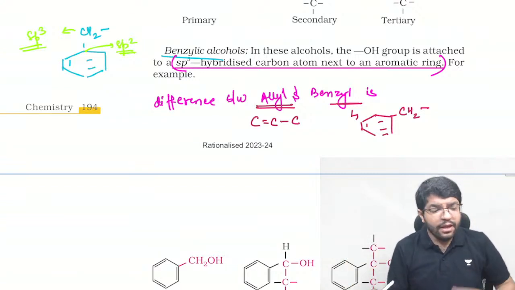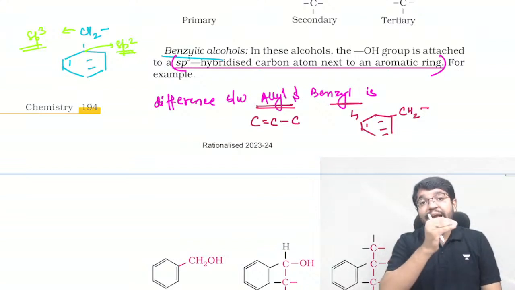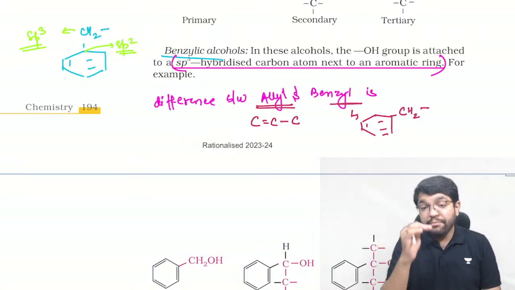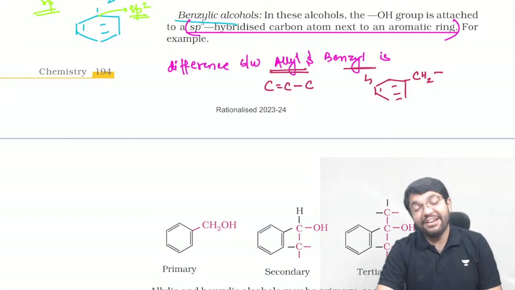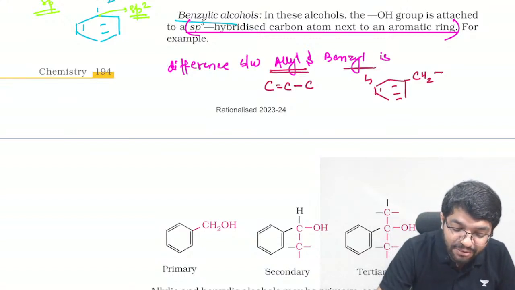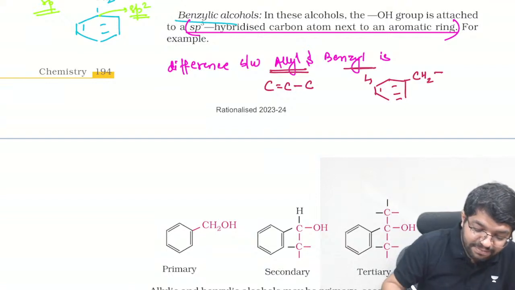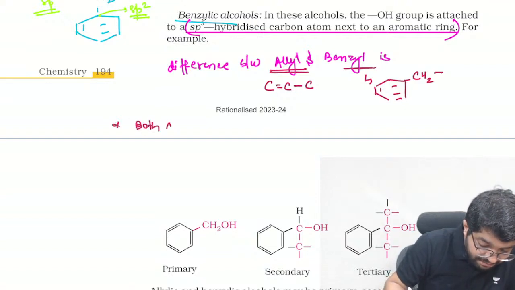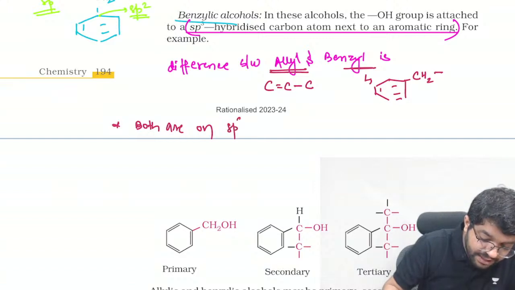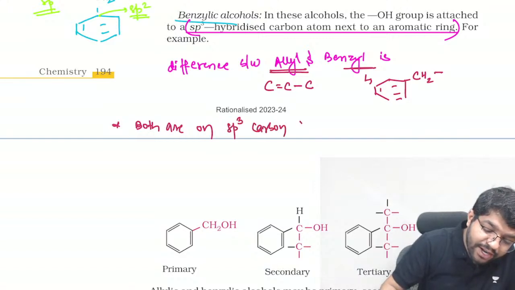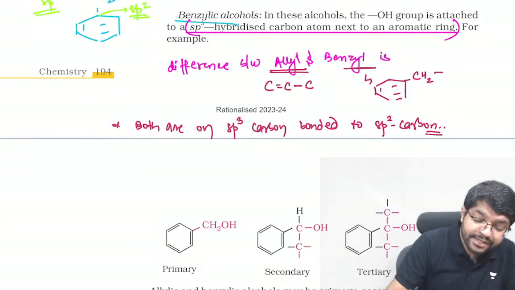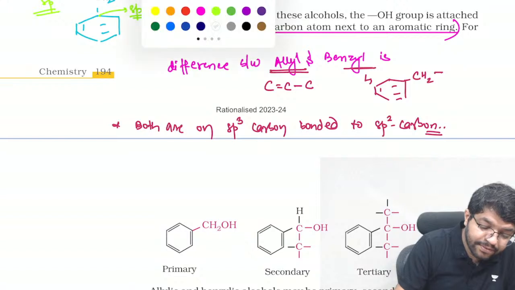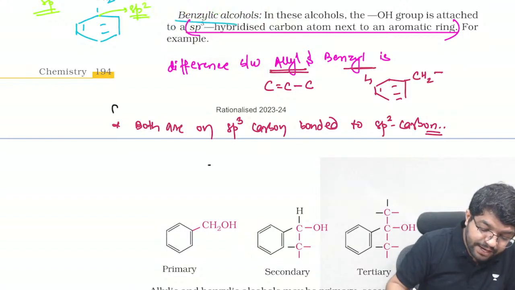However, the allyl and benzyl difference is really important because both are sp3 sp2 bonded. Very very important statement, sir. Both are sp3 carbon bonded to sp2 carbon. This is the similarity.